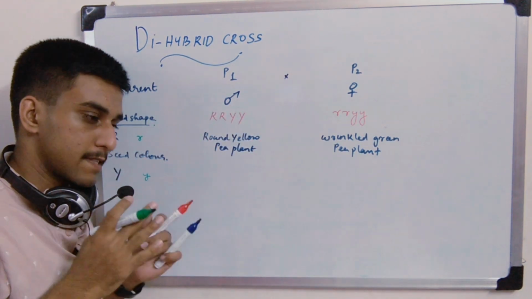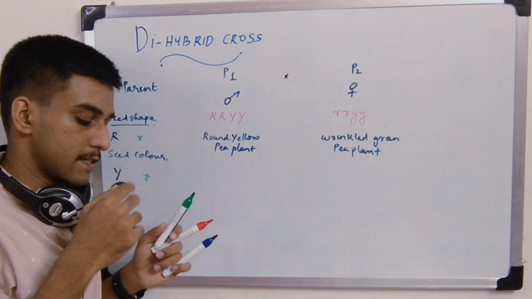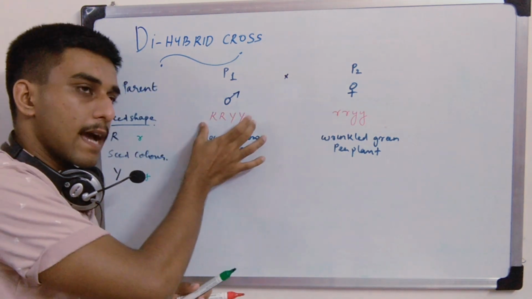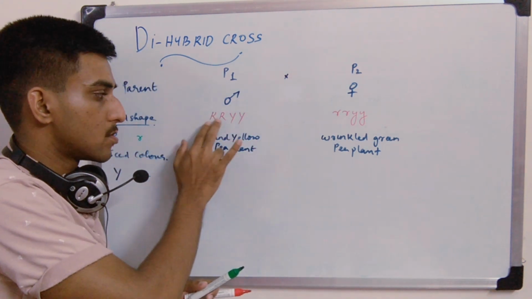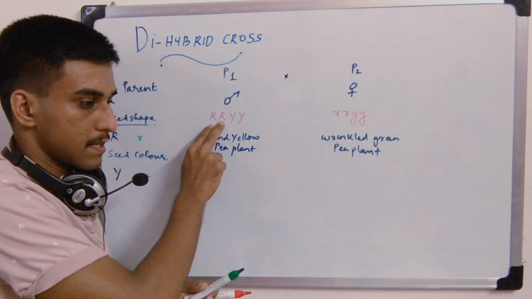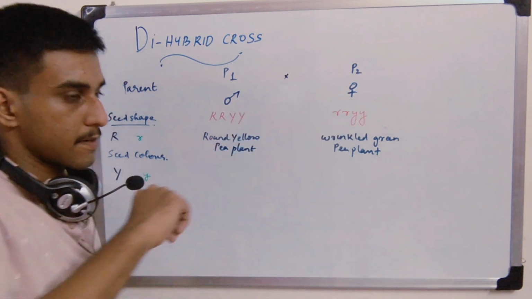So if anyone has doubt, please go to the first part of this lecture, understand the basics and come back. Okay, so we know that a gene has two alleles here, right? Here it is in a homozygous condition. Here also it is in a homozygous condition, but it is in a recessive condition, right?